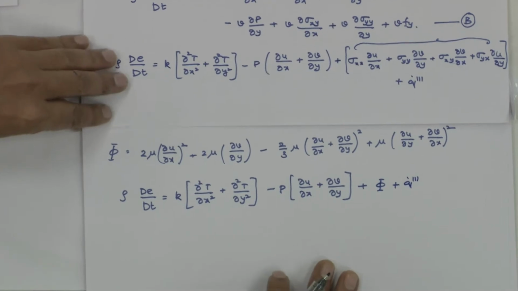I do not have to write that whole equation because I have written it as phi. Now the only final thing left is to reduce this dE by dt in terms of temperature. How do we do that?